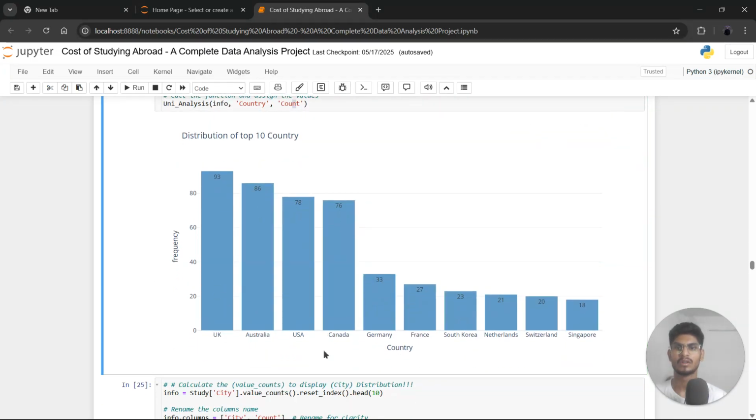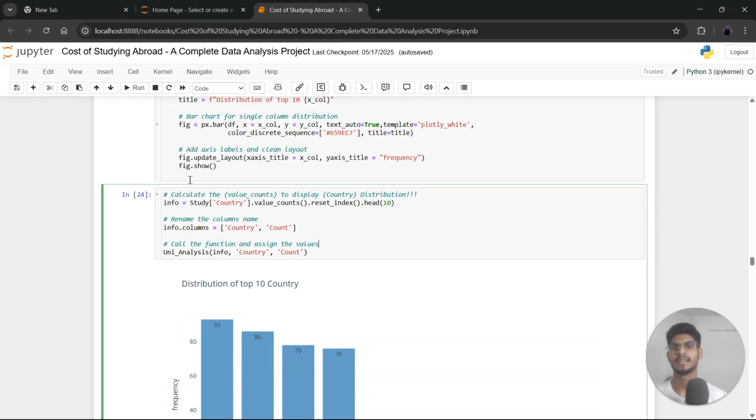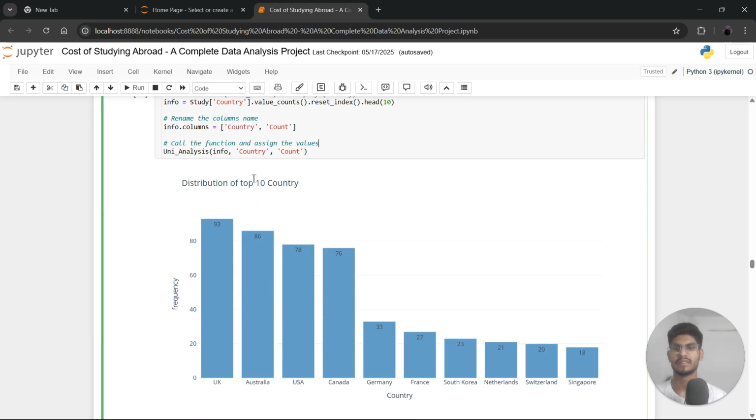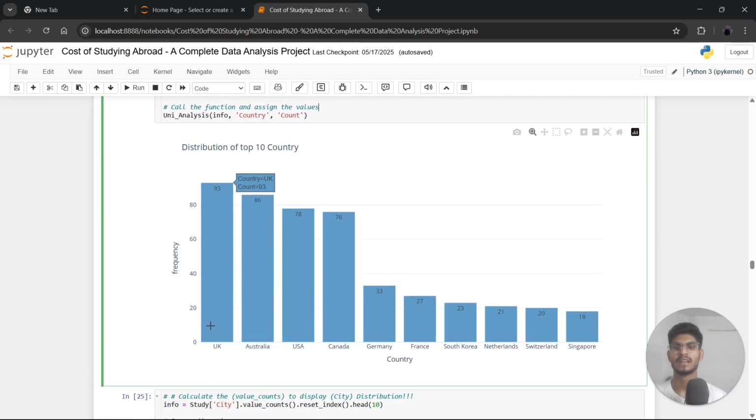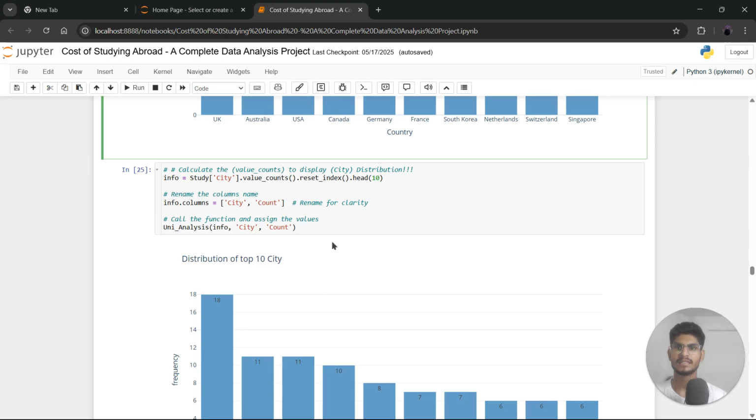So we got to know about this data set. We have visualized it: whatever data we saw above, that 93 for UK in the data frame, we can now see all the data in the bar chart so that we can understand it clearly. Same thing, now we are using it for the city.